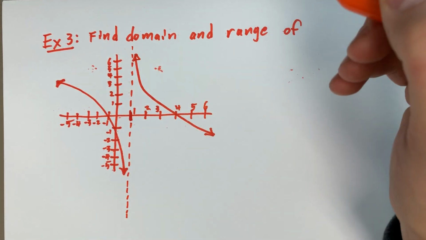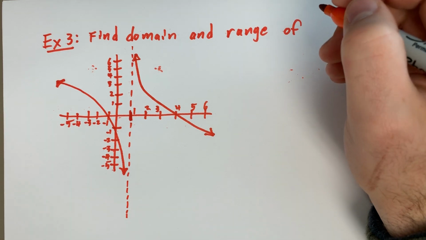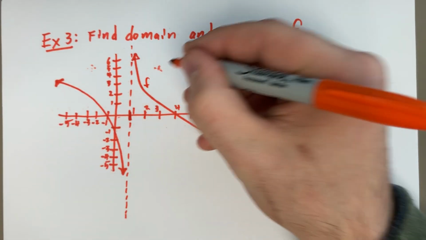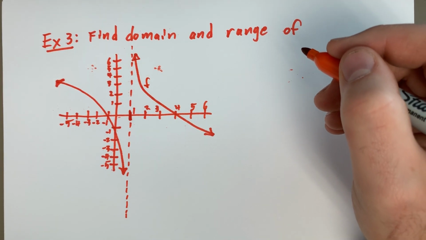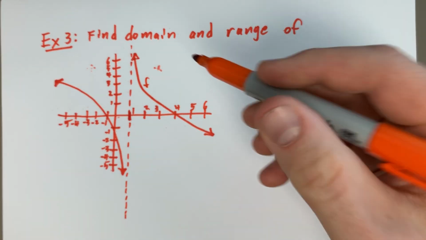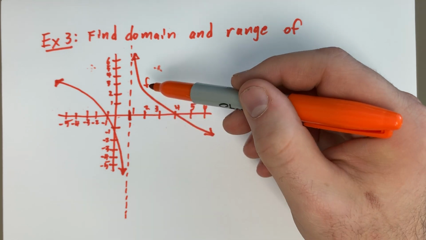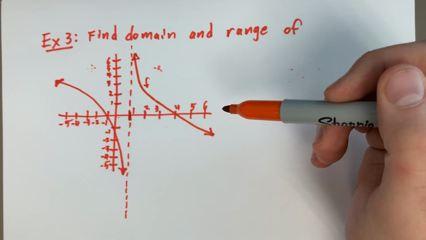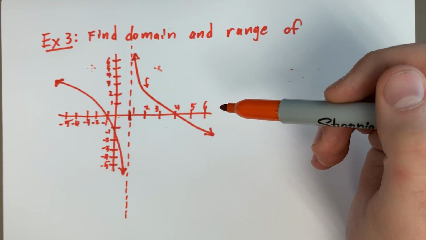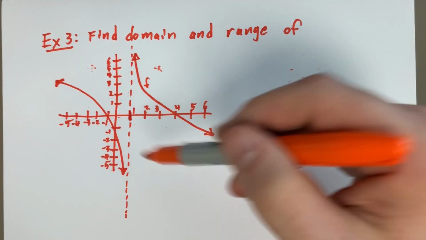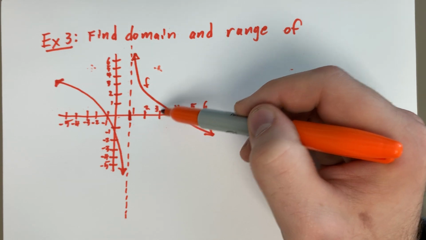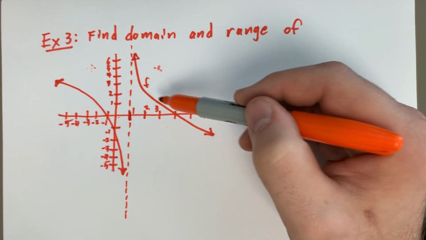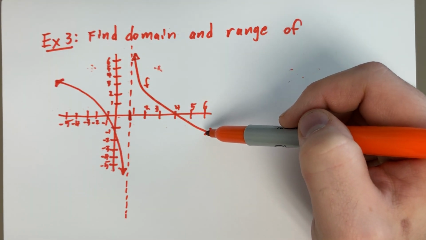All right, so the first question we need to ask ourselves before finding domains and ranges is, does this graph represent a function? Does every x value, any x value that I plug into this, give me exactly one y value? It's going to be kind of hard to see in this case because we have so much going on. But if I plug in, say, 2, 3, 4, 5, 6, do I get exactly one y value out for that?